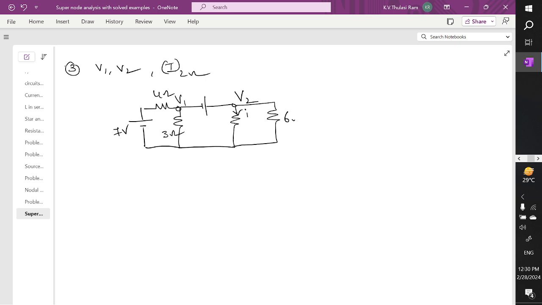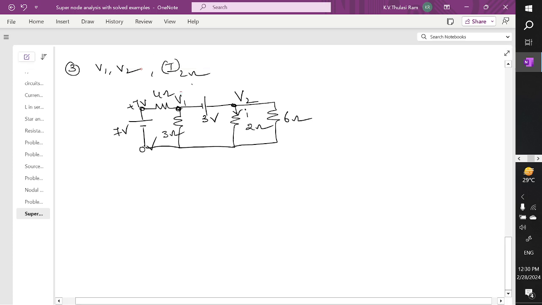The value of this is 6 ohm, this is 2 ohm, and this is 3 volts. As per the given problem, the voltage at this node is 7 volts, the voltage at this node is 0. So this will act as a new node, because between these you have a source. So now this will be acting as a super node.